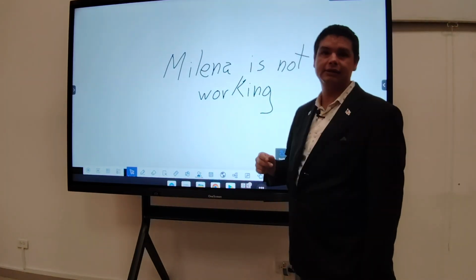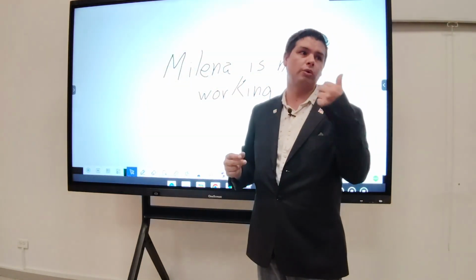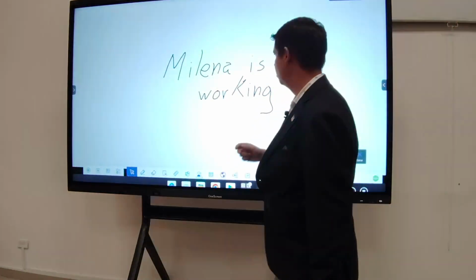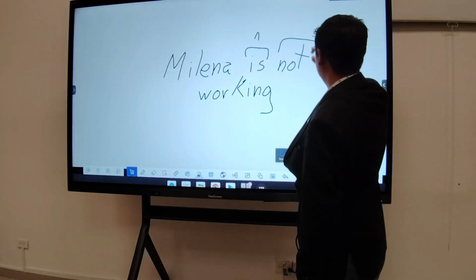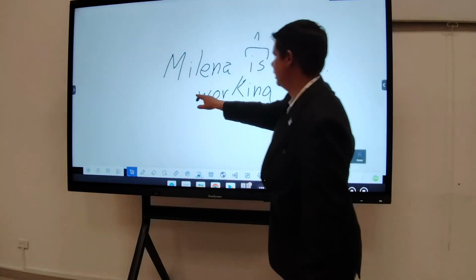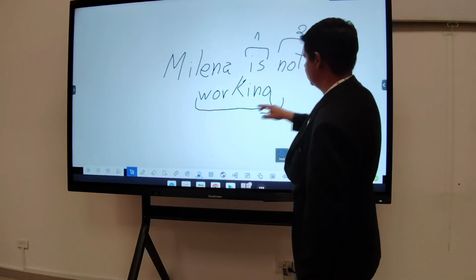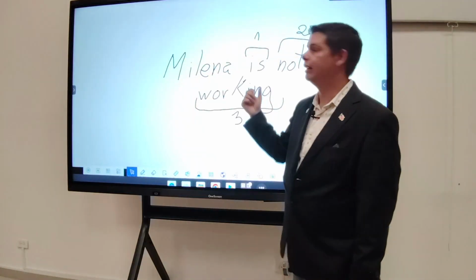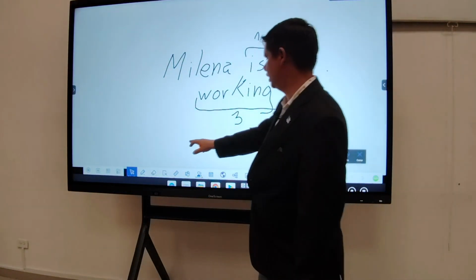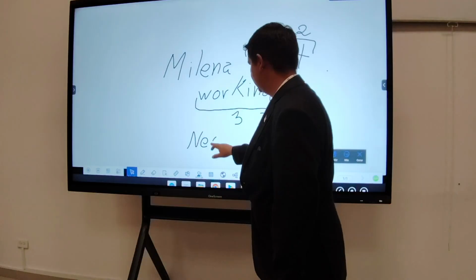So in this case, instead of having 2 elements, we have 3. We have is, which is number 1. We have not, which is number 2. And we have the verb with ing, which is number 3. That's for the negative sentences, right? Let me put it here. Negative.